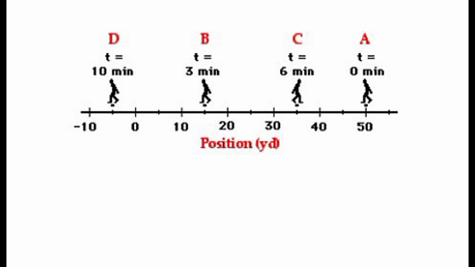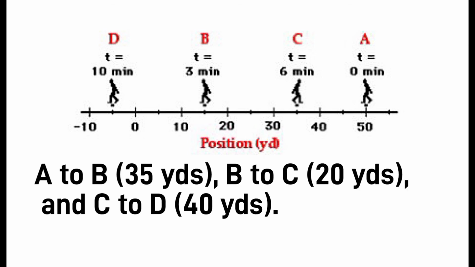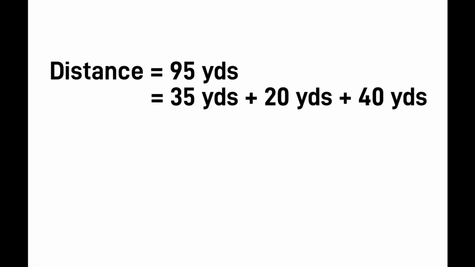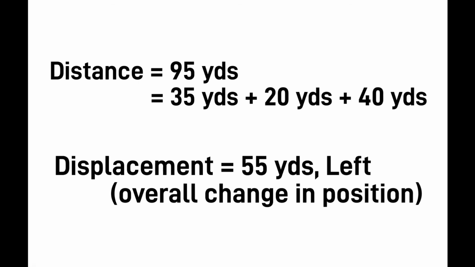In other words, the coach moves from position A to B, 35 yards, B to C of 20 yards, and C to D of 40 yards. The coach covers a distance of 95 yards, which is simply the sum of 35 yards, 20 yards, and 40 yards. Whereas the displacement is 55 yards left, since again, it is the object's overall change in position.